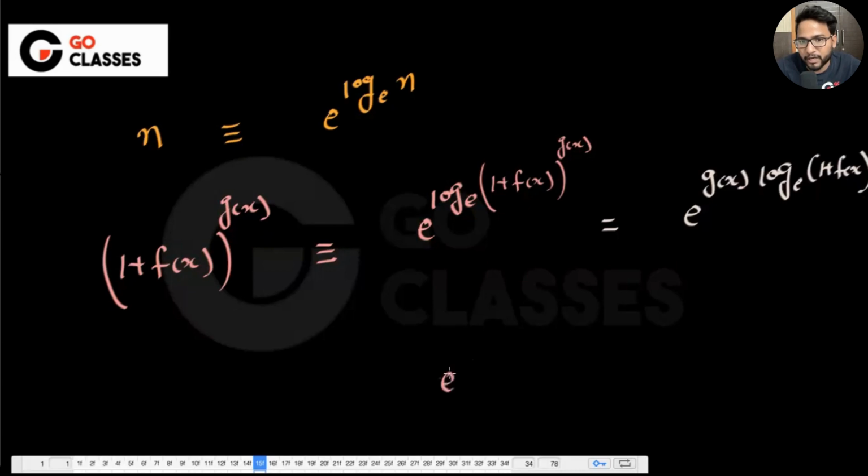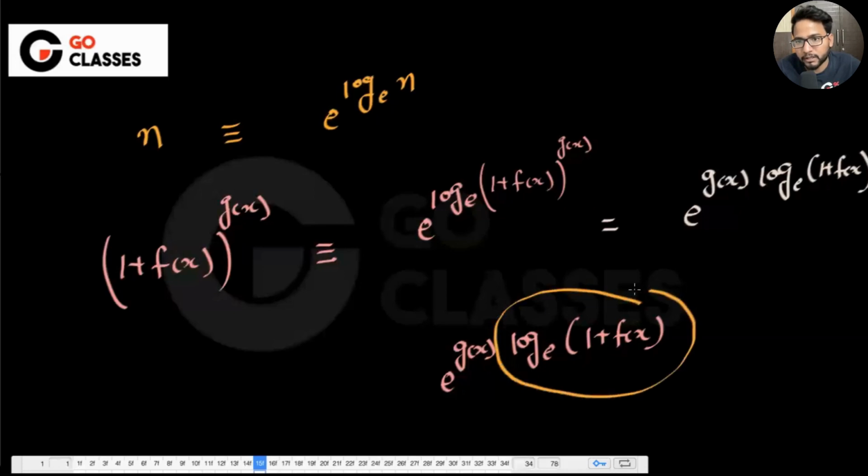So we have just got this log base e 1 plus fx, right? But we proved something else. What we proved? We proved that this quantity is e power gx into fx, right? This is what we proved.